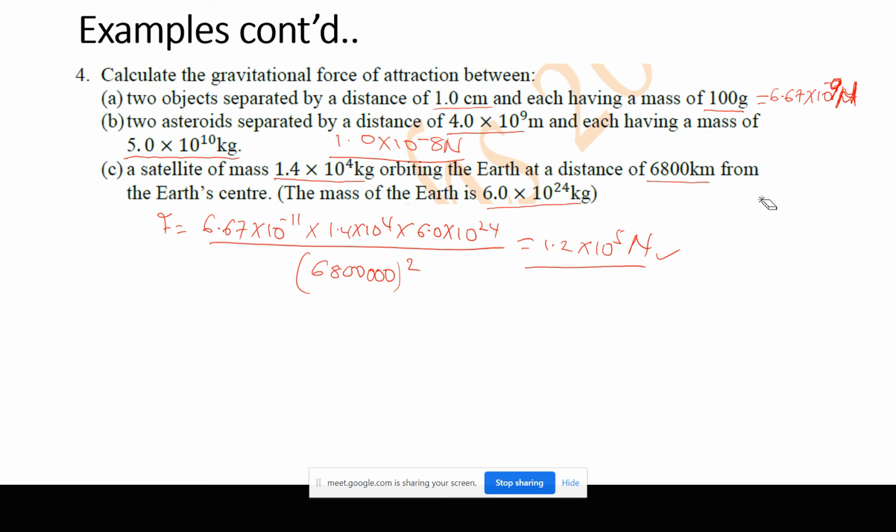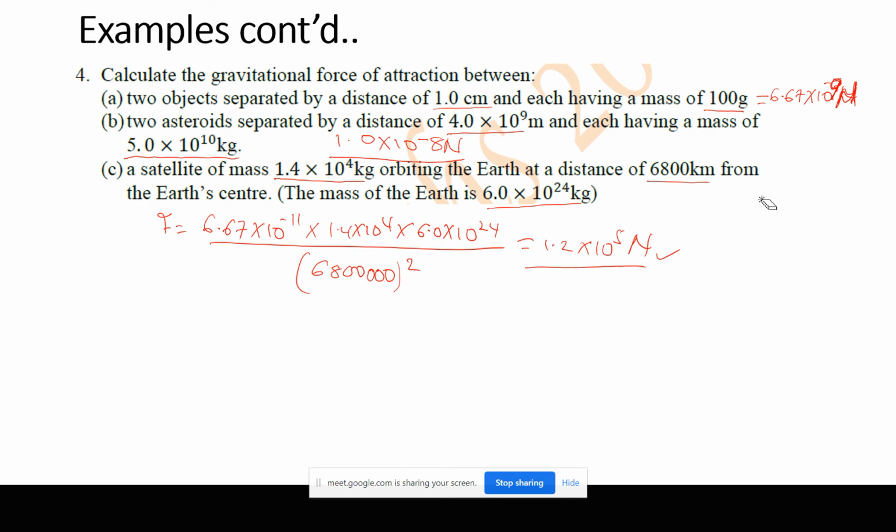Then we said that the force between two masses follows an inverse square law according to Isaac Newton. In fact, force is directly proportional to the product of the masses and inversely proportional to the square of the separation between the two masses.